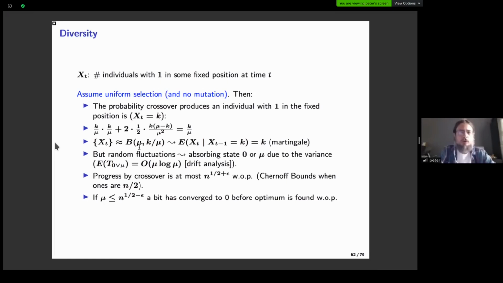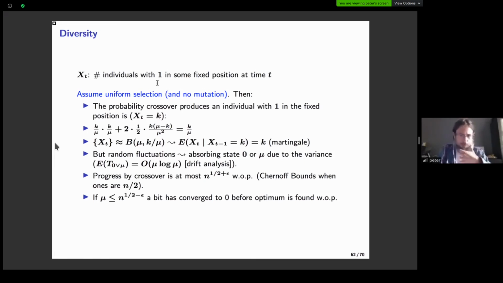So what we do is we call diversity of the population the number of individuals that have got a 1 in some fixed position. Let's consider this random variable X_t and look at, for example, the first bit, and X_t will be the number of individuals in the population that have a 1 in this first bit.